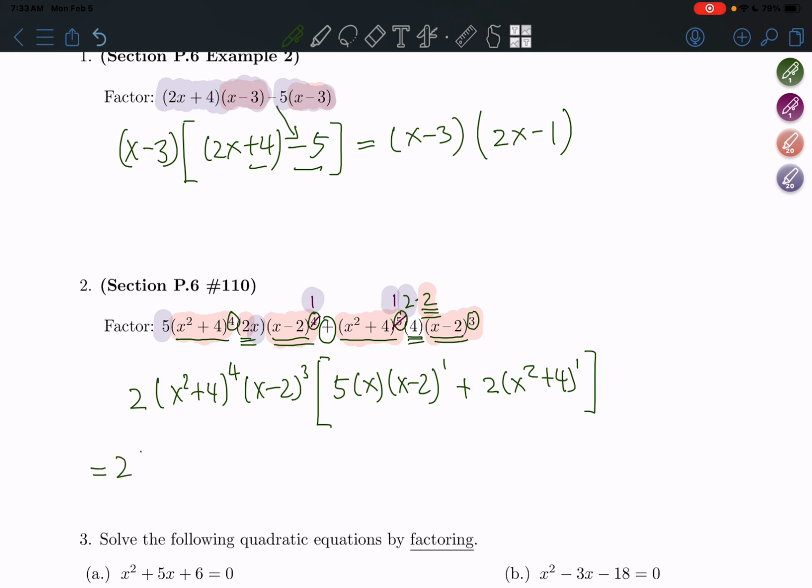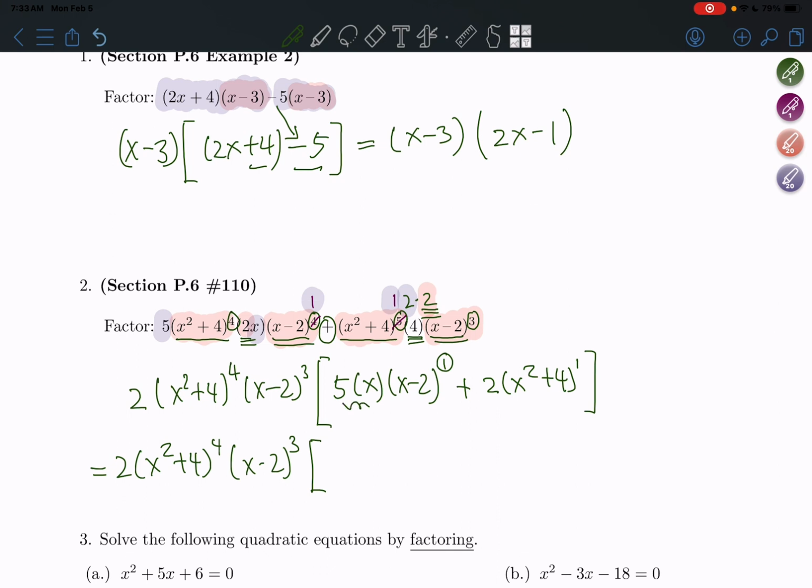So I got 2 times x squared plus 4 to the 4th power, x minus 2 to the 3rd power. And inside my bracket here, I can multiply the first term, because the first power exponent is just kind of meaningless. So I can multiply out the first term and clean that up a little bit.